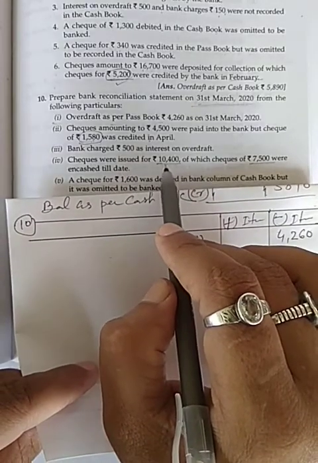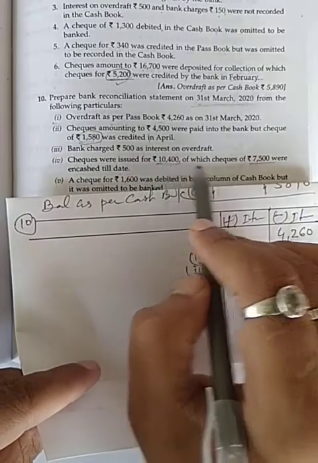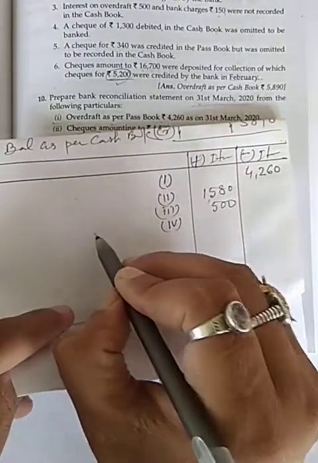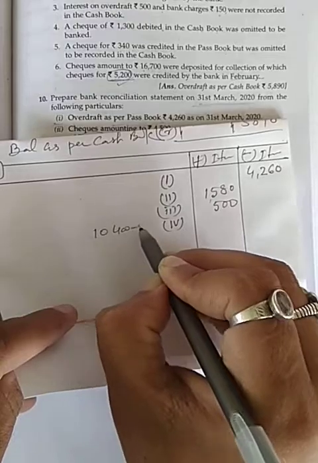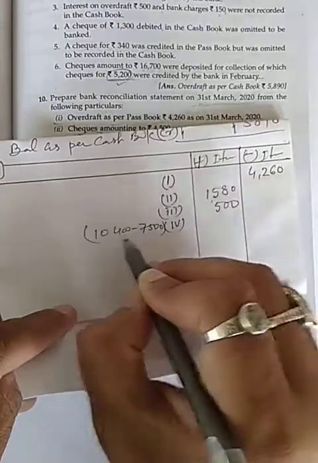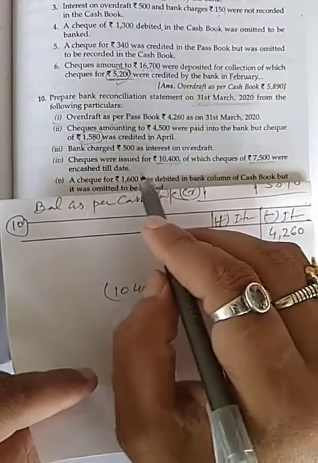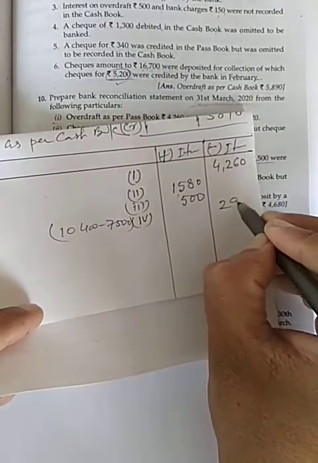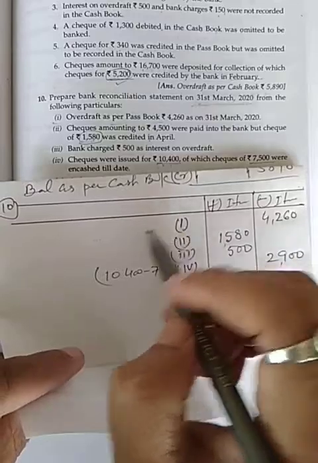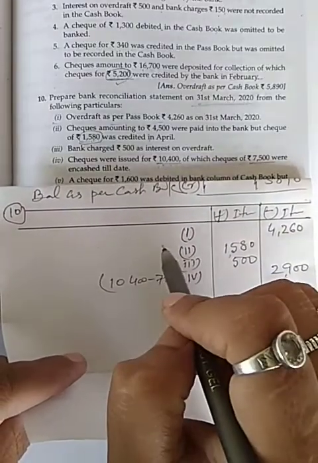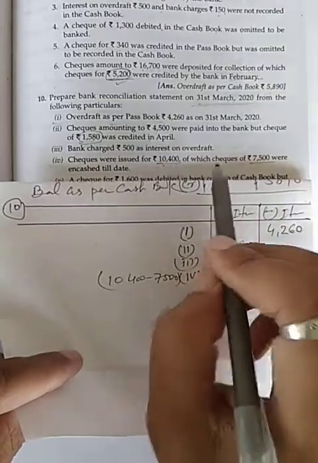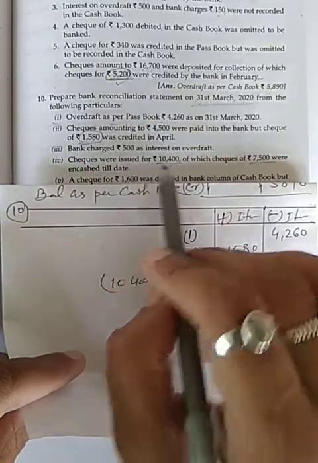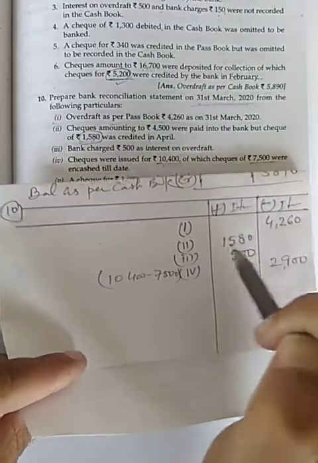So it will be 10,400 minus 7,500. So in fourth case it will be 10,400 minus 7,500, and amount will be 2,900, and 2,900 will be in minus side because according to cash book I will write check issued but not present for payment in plus side, but according to passbook I will write just opposite of cash book, so it will be in minus side.